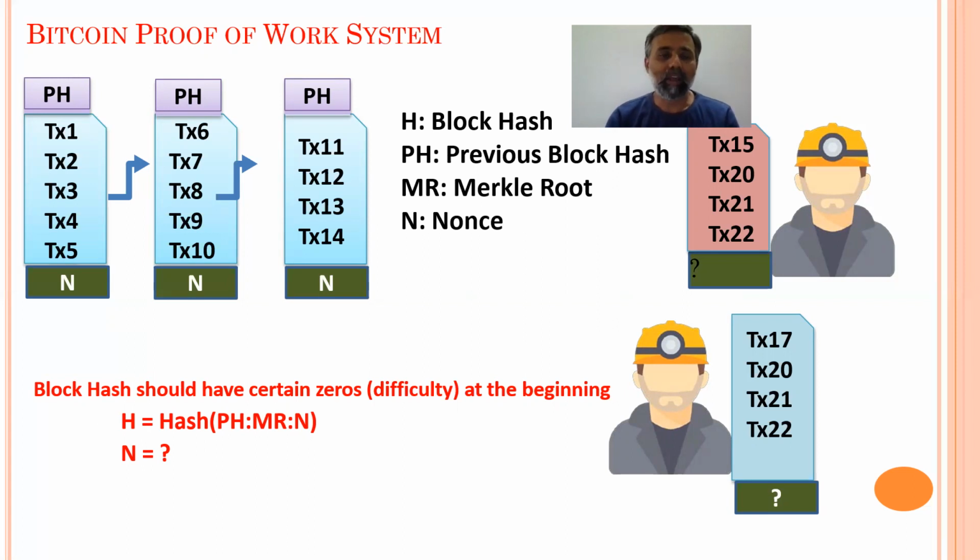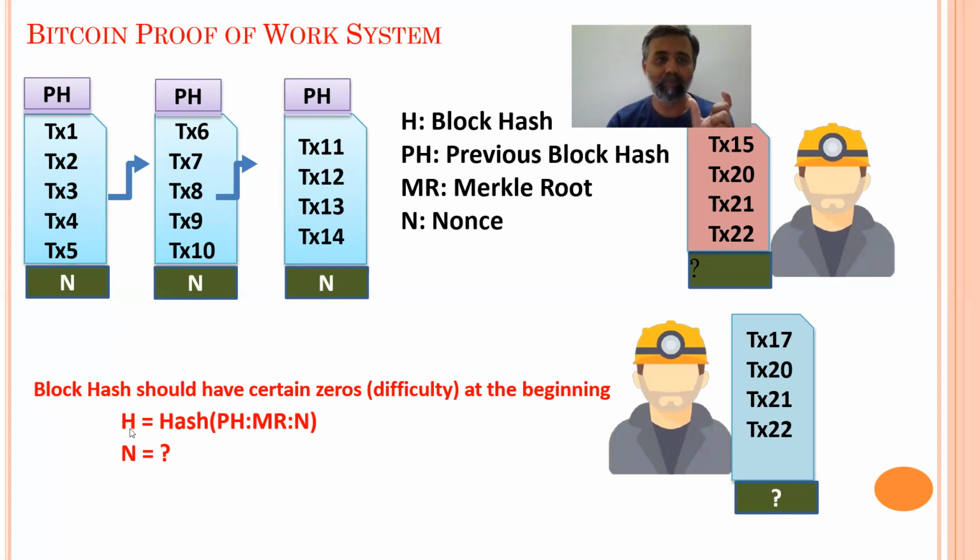So how can we apply proof of work in Bitcoin? Every time the miner will try to find a random value N, that is a nonce, so that he gets the desired block hash. Say, for example, the difficulty level is that the first 10 bits should be 0. The miner will pick a nonce value, a random value, and then compute the hash code.